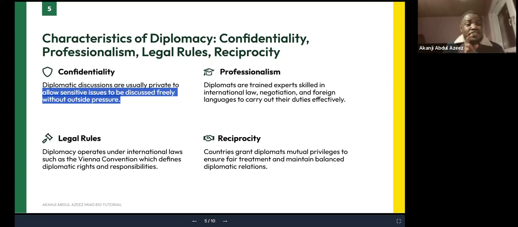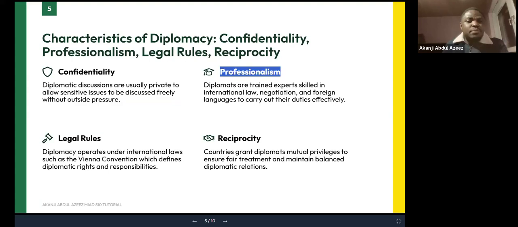Understand? Next of these characteristics of diplomacy is professionalism, which we call professional diplomacy. That is modern diplomacy. The current diplomacy we have, which we call contemporary or modern diplomacy, is carried out by trained professionals.